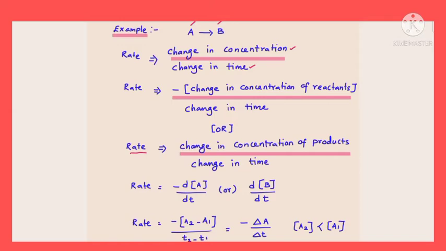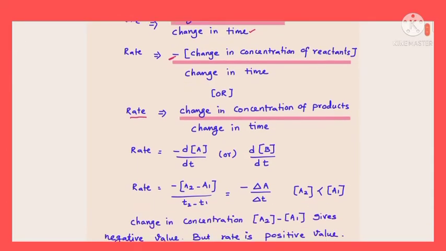In terms of reactant, the final concentration is a small value and the initial concentration is a large value, so we get a negative value for rate, isn't it? But rate is supposed to be expressed as a positive value. That is the reason why we use a minus sign before the change in concentration of reactant.